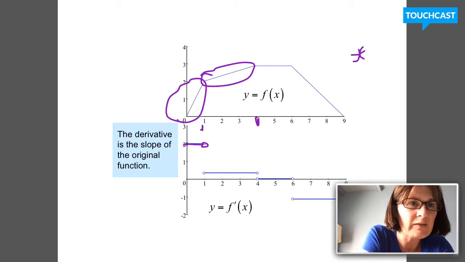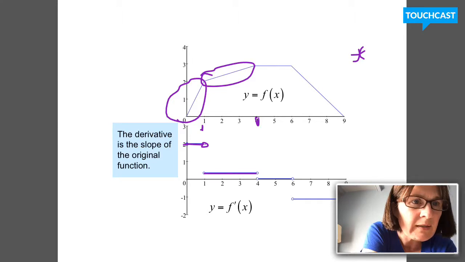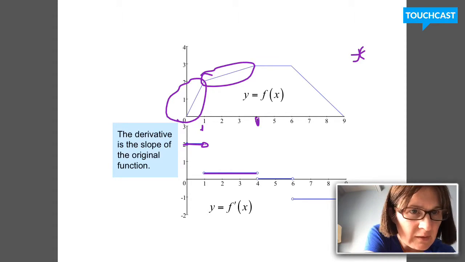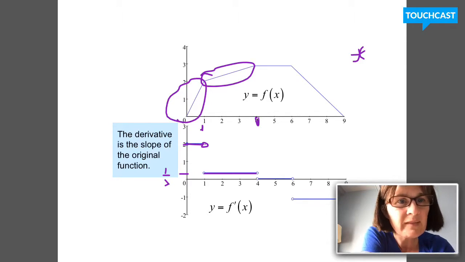So I went up one space and over 1, 2, 3. So it looks like a slope of 1/3. Anywhere between 1 and 4 on my original graph, the function had a slope of 1/3. So this is the horizontal line segment at y equals 1/3.